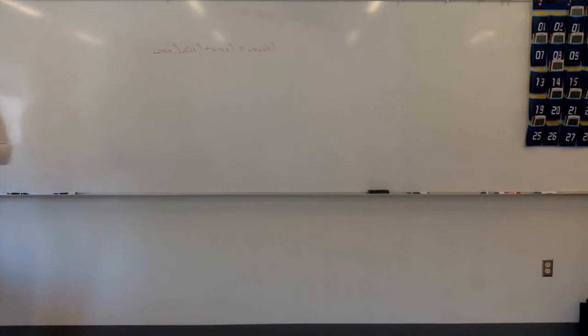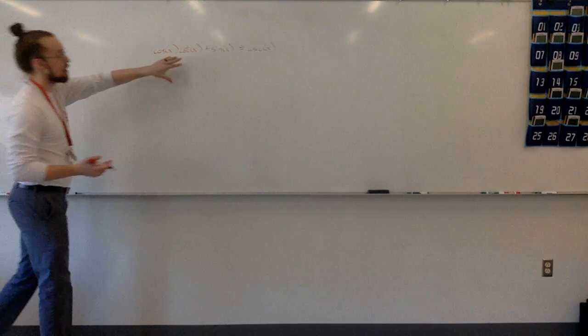Cosine times cotangent plus sine equals cosecant. Again, like we did in the last problem, which ended up being kind of complicated, one of our more popular strategies is to convert everything into sine and cosine.